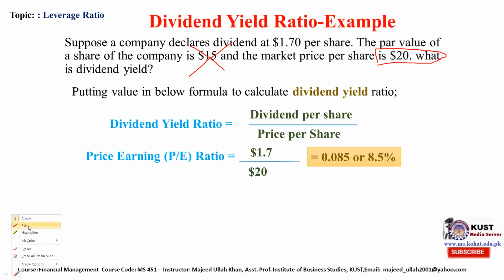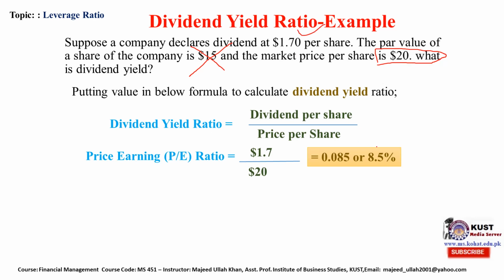So let's suppose Mr. Z invested in this company, held this investment for 1 year, and at the end he got $1.7 per share.